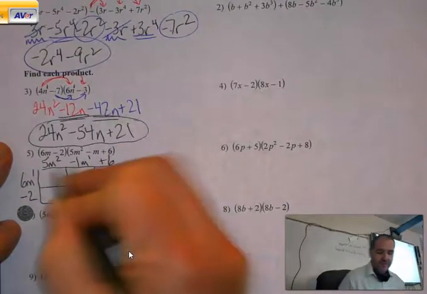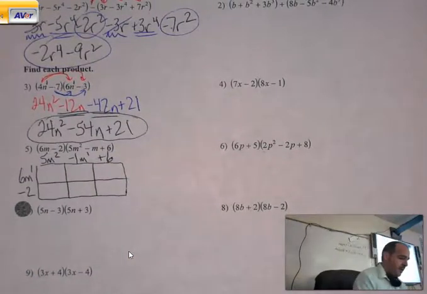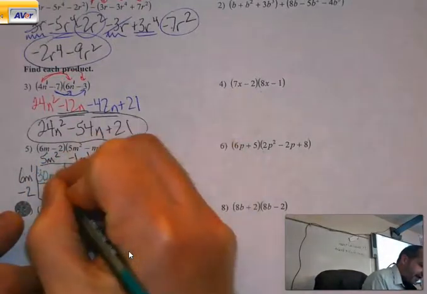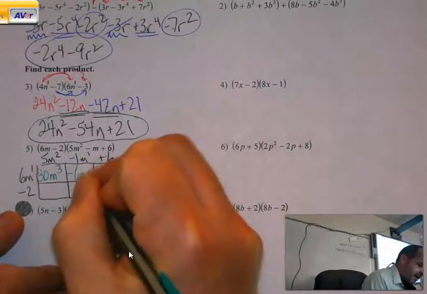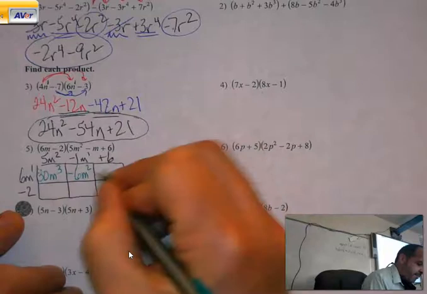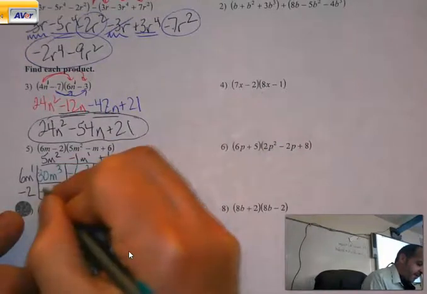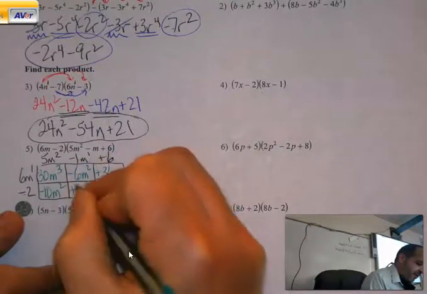I still suggest putting the exponents, especially on your m's here if they don't have one, so you remember there's a 1 there. And just like before, multiply the coefficient, add the exponent. Multiply and add. Multiply. Multiply. This time all multiplying all the time.